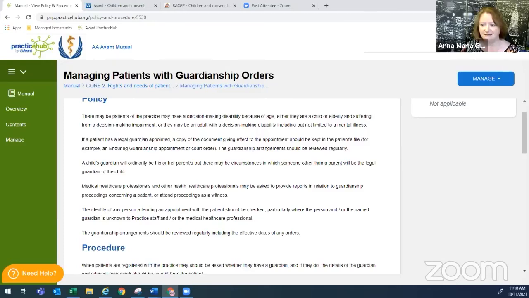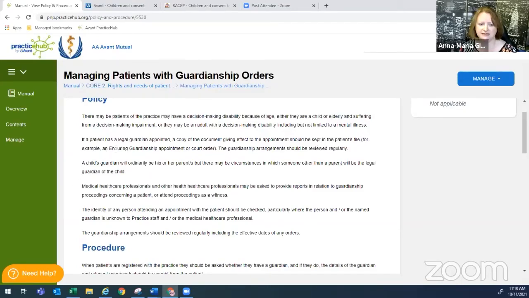So as I was saying, normally a child's guardian will be their parents, but in some circumstances it could be someone else who is the legal guardian of the child. Other things that I think are really important is if they do have a legal guardian appointed, a copy of the document giving effect to the appointment should be kept in the patient's file.